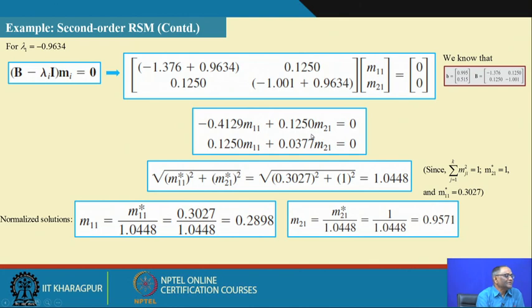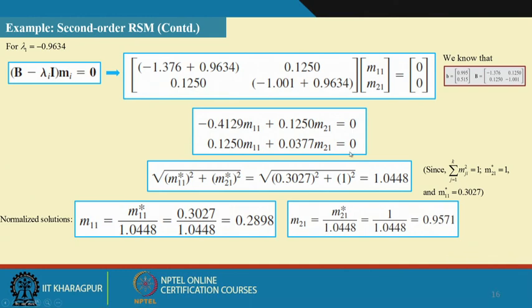Now, these are two equations and two unknowns, so you can solve it, but you will get a situation where you find that you get an infinite number of solutions; a unique solution you will not get here. As a result, you require normalization. The normalization is the sum over j equal to 1 to k of m_ij square equal to 1.